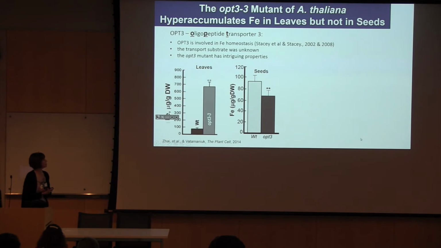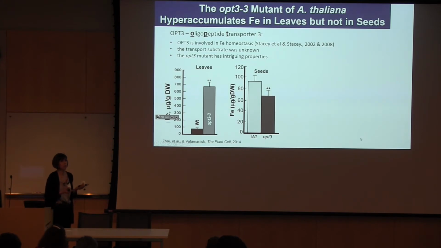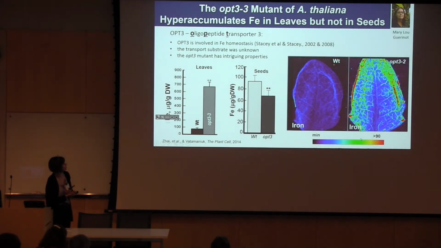And so to understand what's going on with iron in the leaves, we decided to use XRF. We wanted to see whether maybe iron is distributed differently in the leaf of the mutant versus the wild type. We collaborated with Mary Lou Guerinot, and what we found is that iron is actually trapped in the vasculature of the leaf of the mutant.